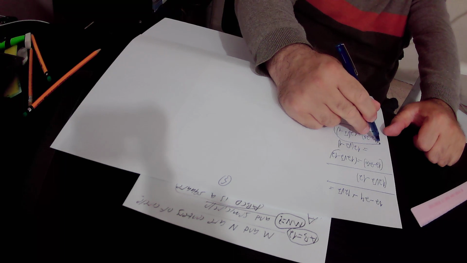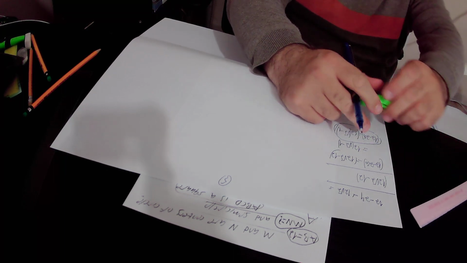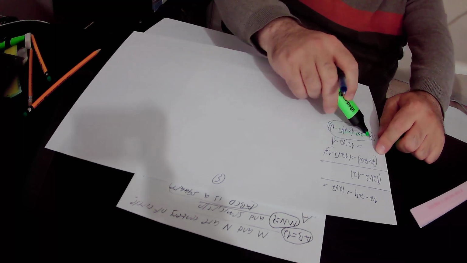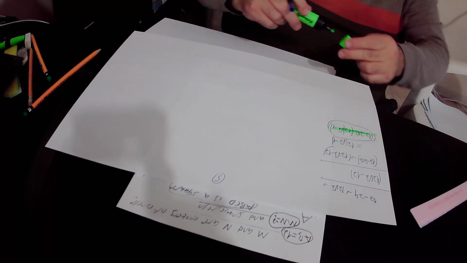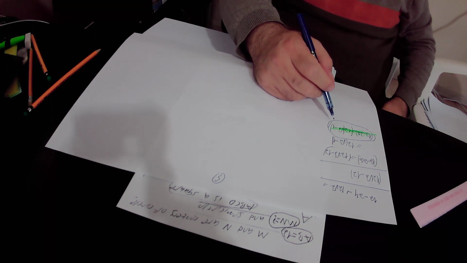Okay, so actually we can substitute 12 minus 2A in equation number 2 by 12 times (square root of 2 minus 1).